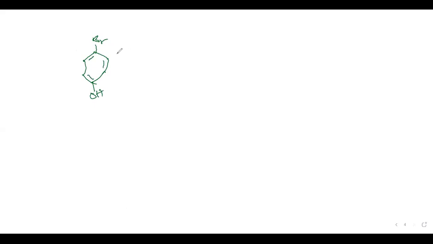What will happen here is that one hydrogen here would be attacked by the amide group. So the hydrogen will be abstracted as a proton, and this bond will break onto the carbon next to the bromine. Let me take it step by step.